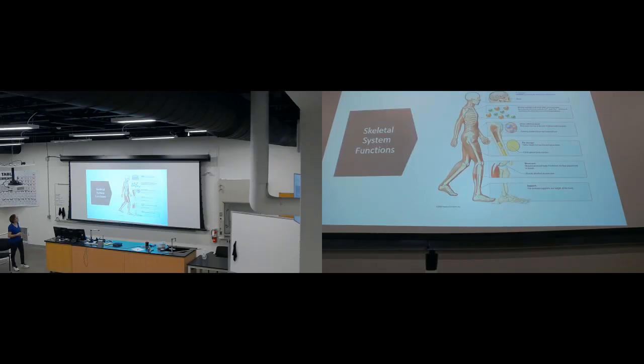So here is a view of these functions. Internally in our skull, we have this delicate tissue. This is the brain. It is protected by the skull bones. The mineralized part of the bone is calcium hydroxyapatite, which is calcium combined with phosphate groups.